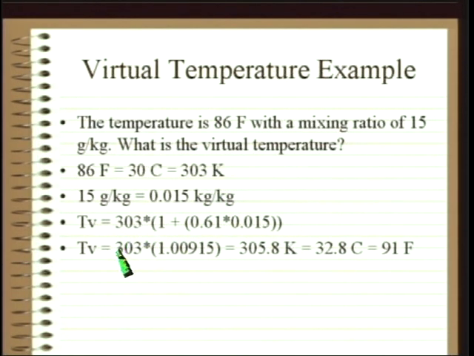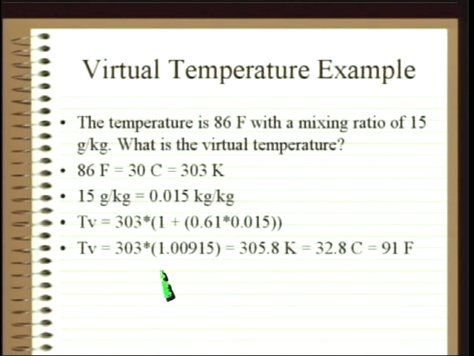And now we can plug these values into the equation and find the virtual temperature. So we have the 0.015 times 0.61, and we determine that value and then add 1 to that. So in your calculator, you want to make sure that these numbers are working out as I have them here.